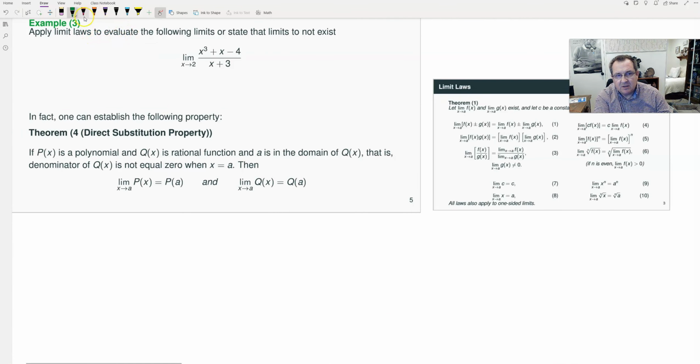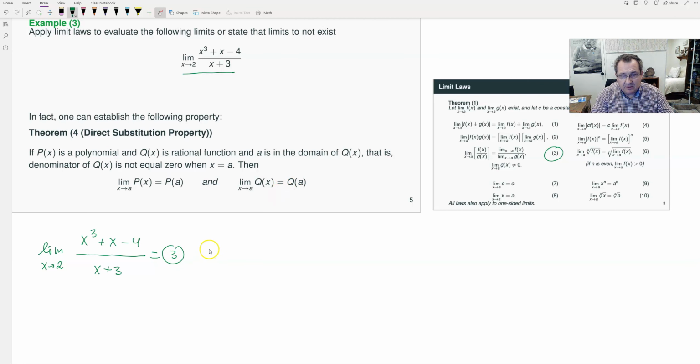Let us consider another example. Apply limit laws to evaluate the following limit, or state that the limit does not exist. Okay, let's take a look. We have the limit as x approaches 2 of a fraction, x cubed plus x minus 4 divided by x plus 3. The first applicable law is 3, and in a sense, we're taking a leap of faith because we don't know, maybe the process will get stalled and we'll go back.